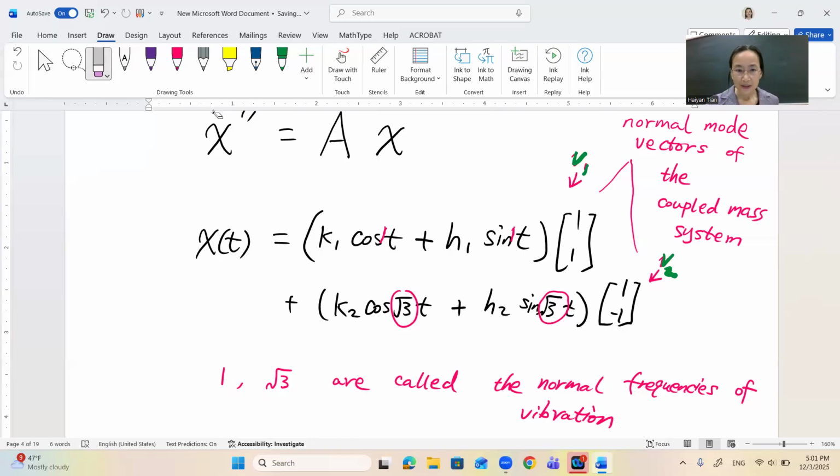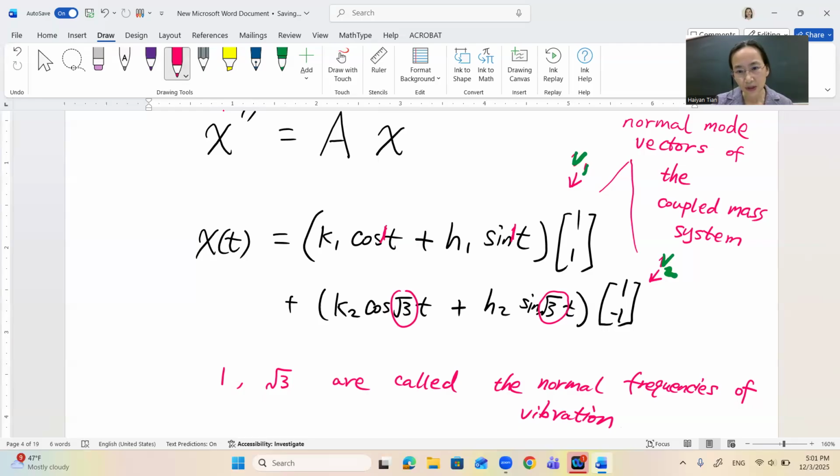So here we have a general solution for X. The general solution for X is in terms of these 2 vectors, and these 2 vectors are called normal mode vectors of the coupled mass system. And we have those numbers. You see, this is a 1, right?